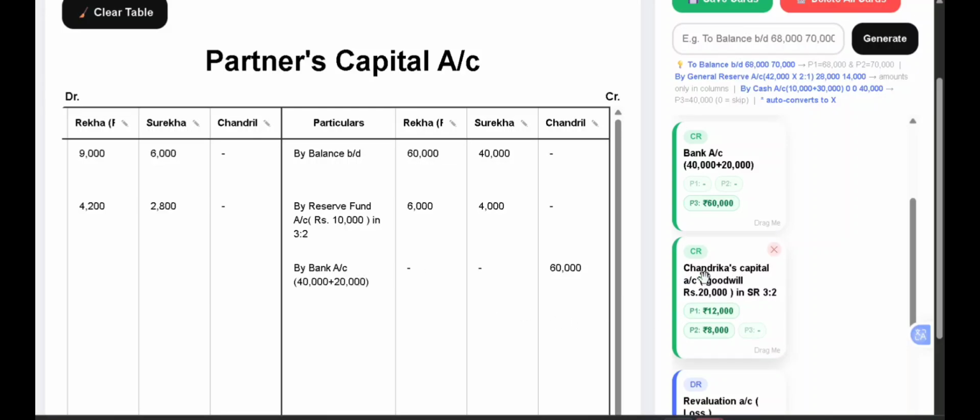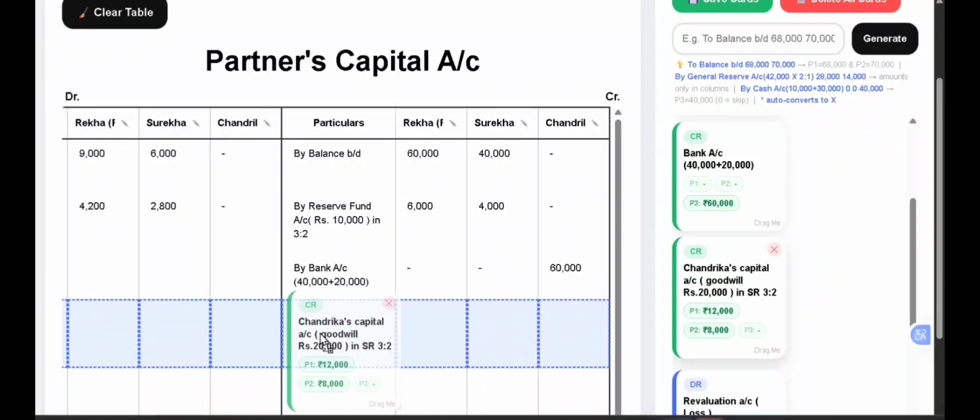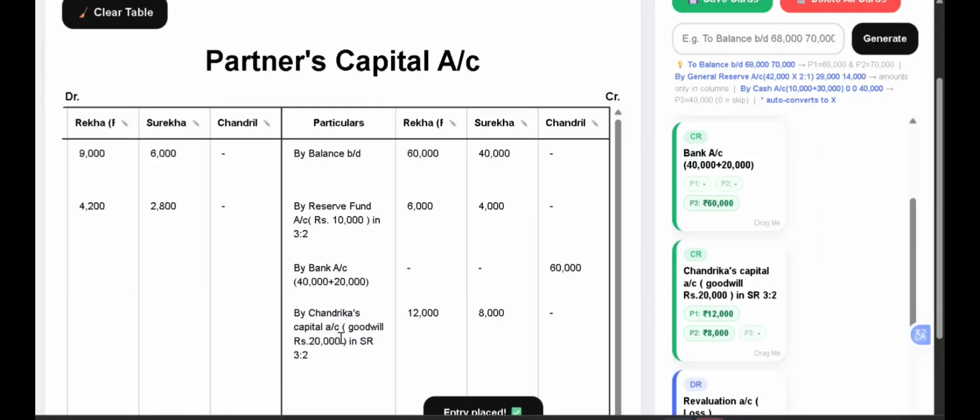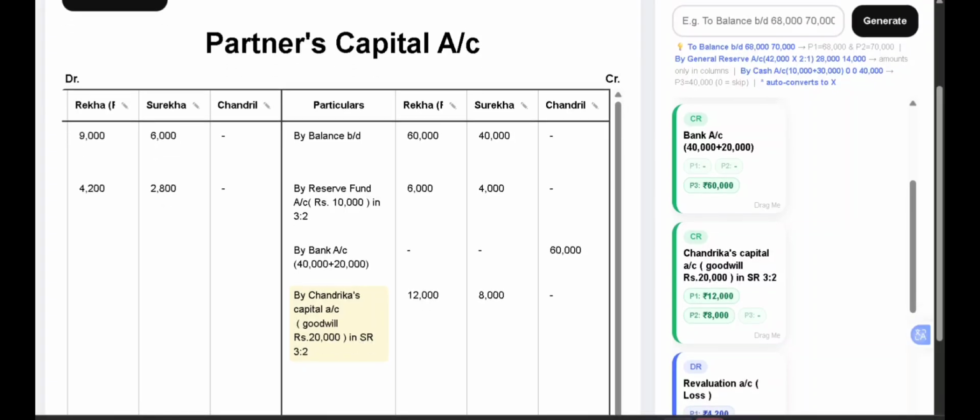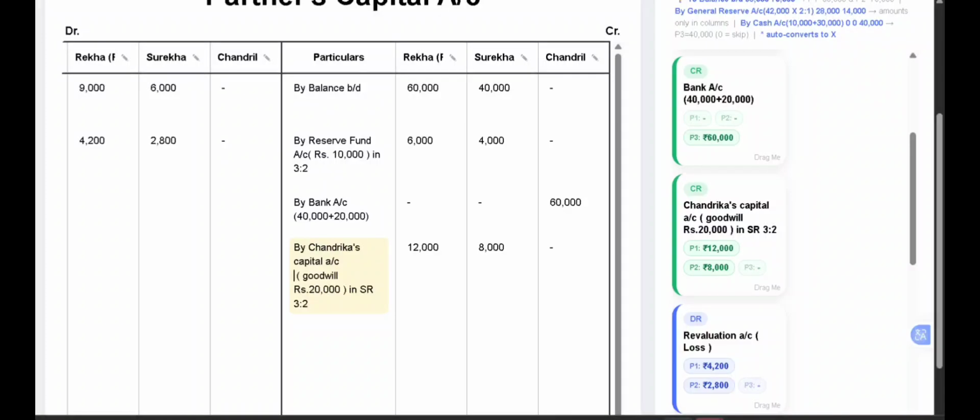So goodwill amount rupees 20,000 should be distributed to the old partners in their sacrifice ratio. So here the old ratio itself will be the sacrifice ratio. That is 20,000 into 3 by 5 will be 12,000 for Rekha, and 20,000 into 2 by 5 will be 8,000 for Surekha.